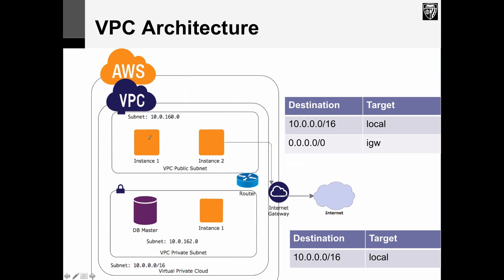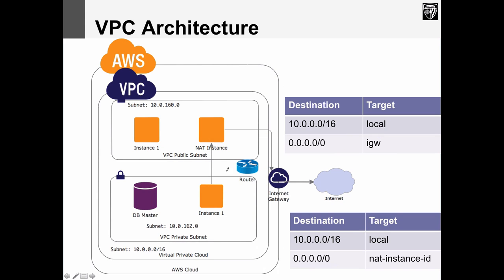Now in the previous slide, we saw that when we create this internet gateway, our routing rule gets changed. We add this default gateway or default router of 0.0.0.0, which essentially means anytime the instances on the public subnet on the top want to communicate with the internet, they go through this internet gateway.